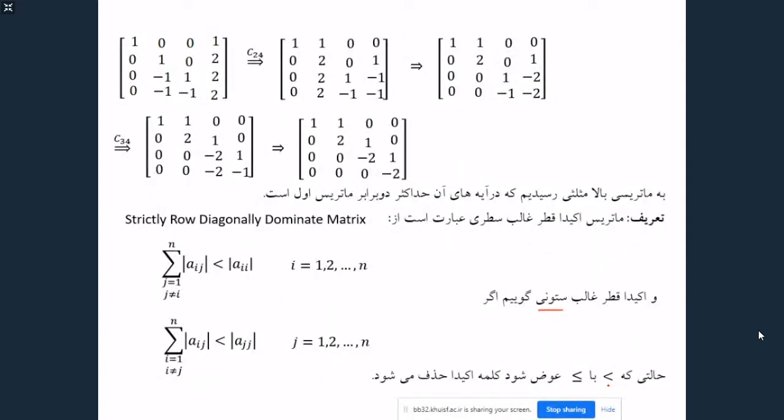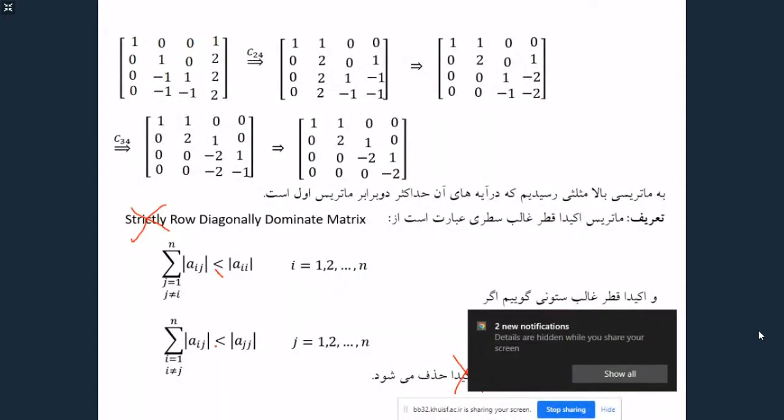If we change less than by less than or equal, then the strictly will be dropped if we have equal here.